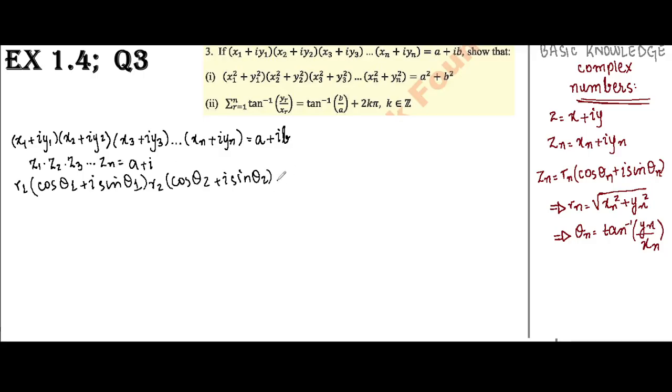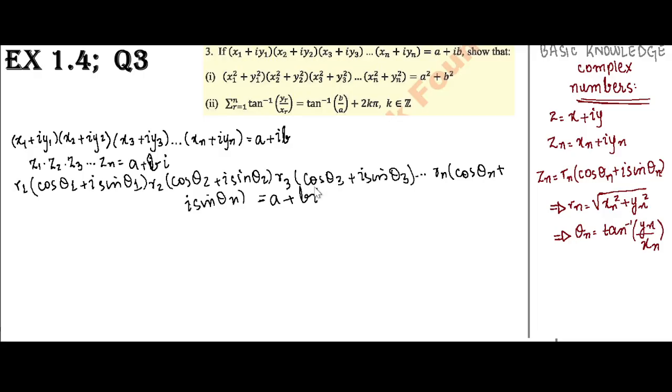Then the same for Z3, so R3 into cos theta 3 plus iota sine theta 3. Now dot dot dot with Rn. So we have Rn into cos theta n plus iota sine theta n is equals to a plus b iota.